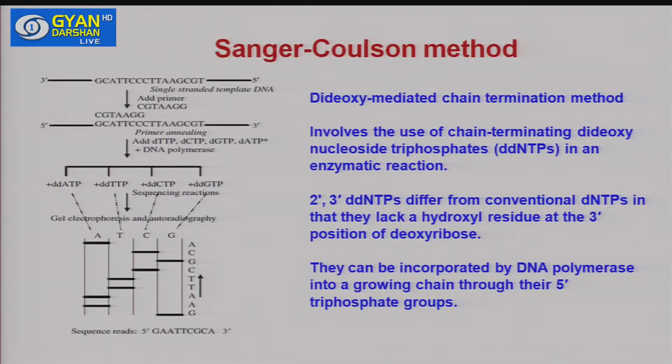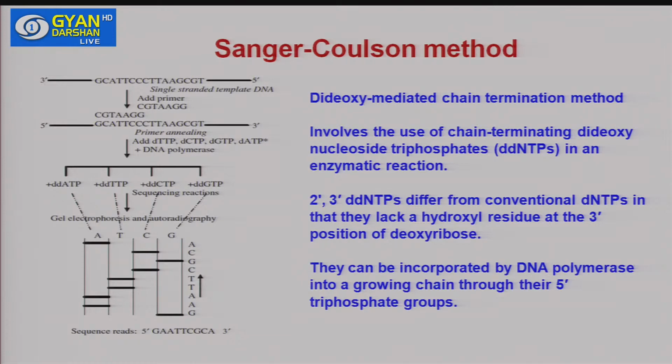Now, this method is also known as the dideoxy-mediated or chain termination method. It involves the use of chain terminating dideoxynucleoside triphosphates. Mind that this is not dNTP, this is ddNTP. dNTPs we use in a polymerase chain reaction, or even during replication, but here we are using something different, that is ddNTPs.